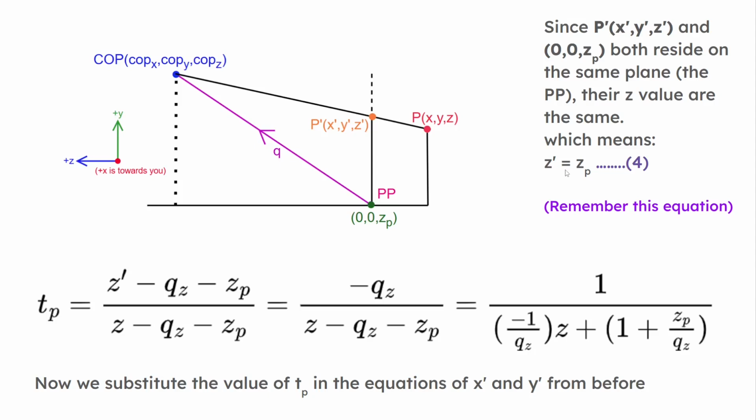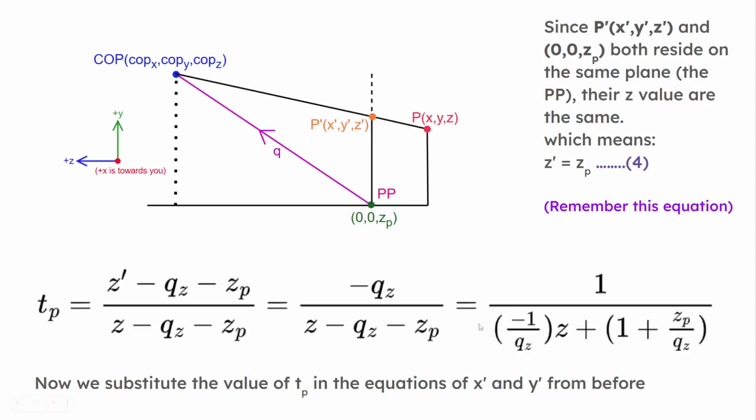So since we know z prime equals zp, we can make it our own equation 4 and substitute z prime with zp. So we place zp in place of z prime, which will cancel out zp and zp, and give this expression here. We can further transform this expression by bringing this minus qz term into the denominator.